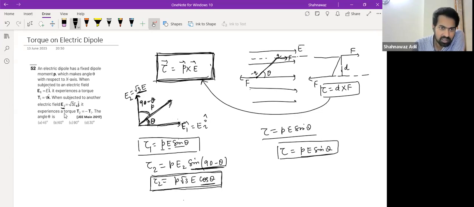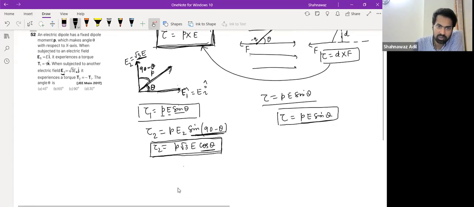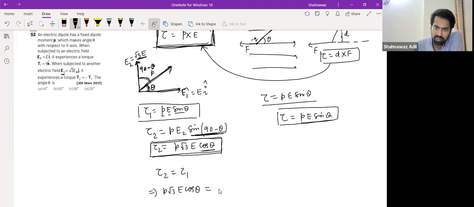And in this question, it is given that torque 2 equals minus torque 1. So if we consider only the magnitude, torque 2 would be equal to torque 1. So torque 2 is P root 3 E cos theta, and this is equal to PE sine theta.